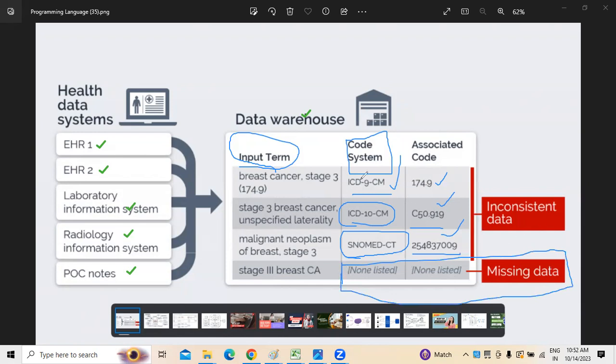Or else if there is inconsistent data, because this may vary depending on the information we have taken, the kind of diagnosis as well as the kind of disease, these code numbers will all vary.